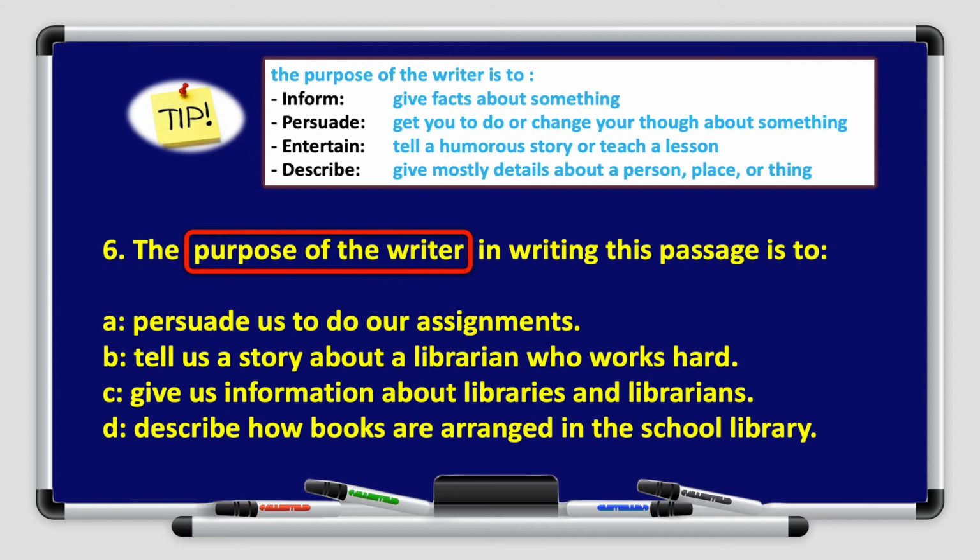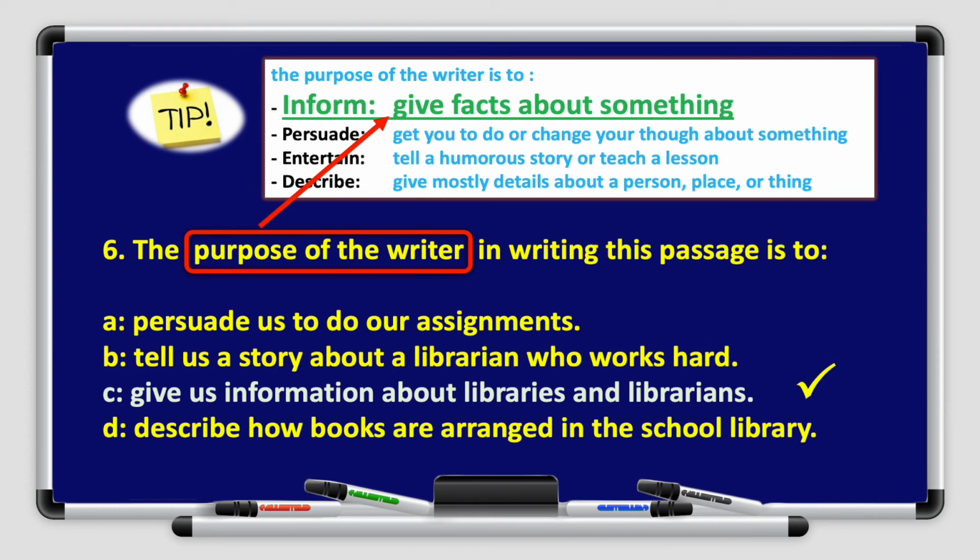If the writer is getting you to do or change your thoughts about something, he is trying to persuade you. If he is telling a humorous story or teaching a lesson, he is trying to entertain you. And lastly, if he's giving mostly details about a person or a place or thing, he is describing. So the answer here is, since the writer is giving you facts about the libraries and librarians, C, to give us information about libraries and librarians.